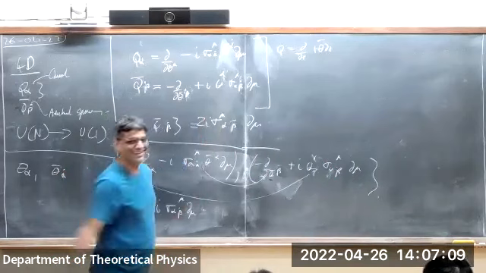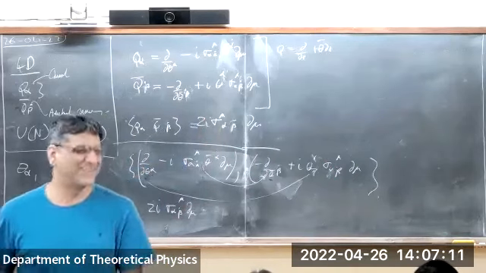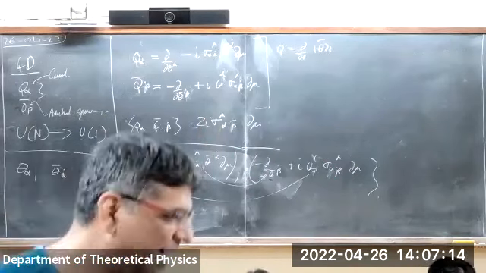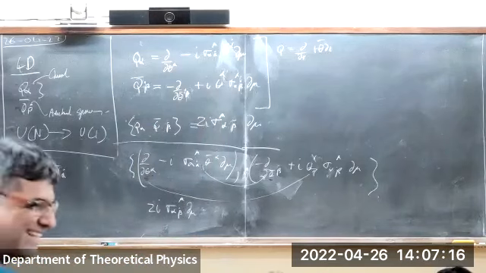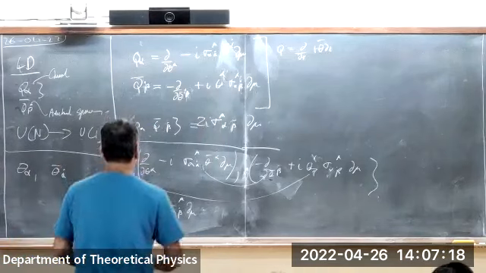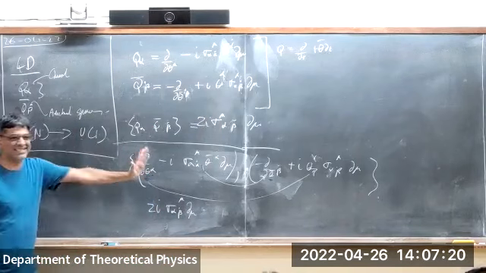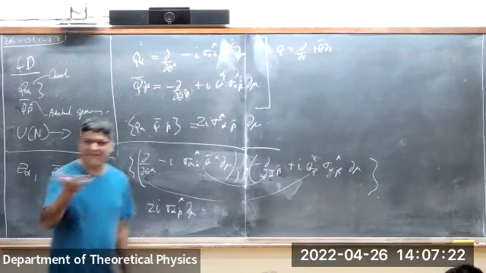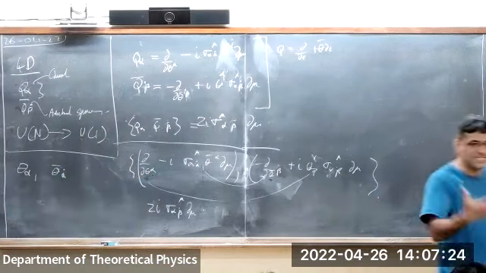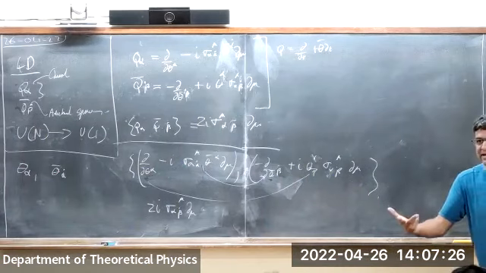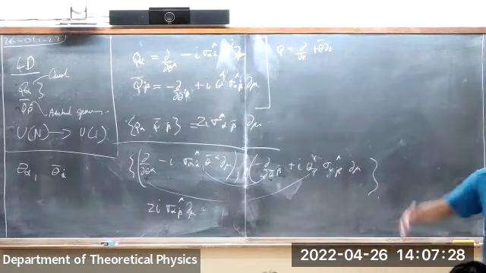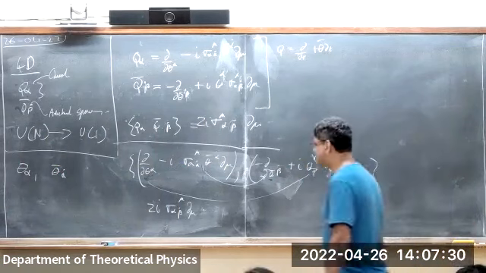So it should have been 2i. Lovely. And the i is what I want. So you see that we have this nice result, that these expressions implement the supersymmetry algebra, just like we did in quantum mechanics.